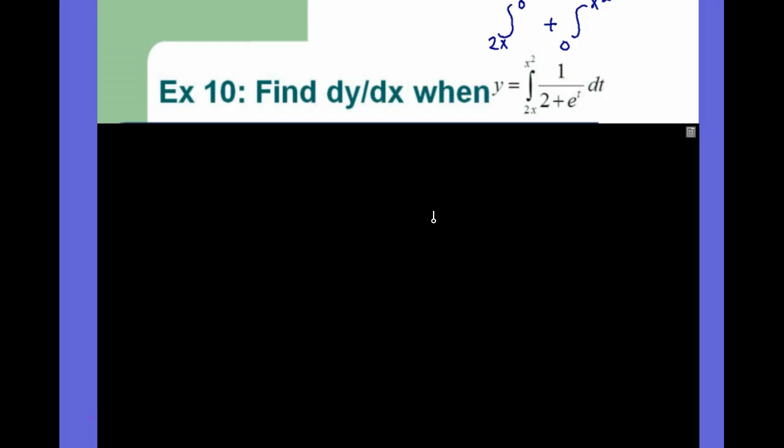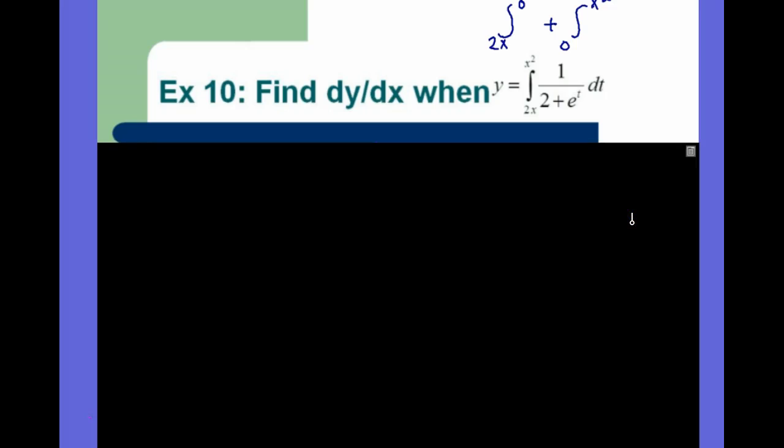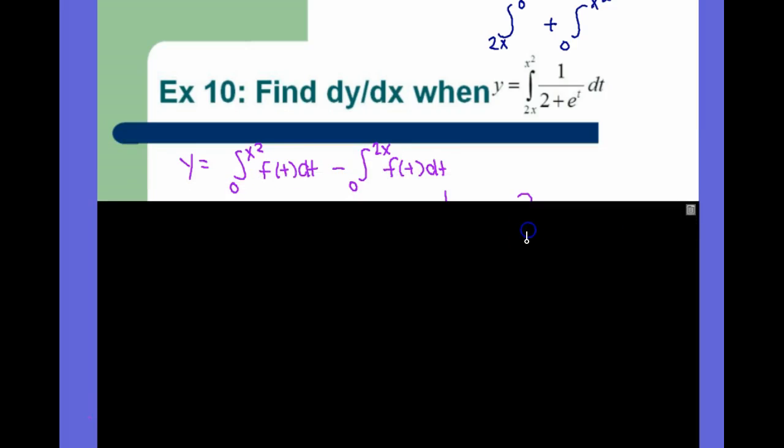So, if you try to find the derivative of an integral that goes from a variable bound to another variable bound, you have to break it into 2 integrals, because the derivative of 2x is 2 and the derivative of x squared is 2x. So we break it into two integrals. Now, we know that integration bounds have to match.